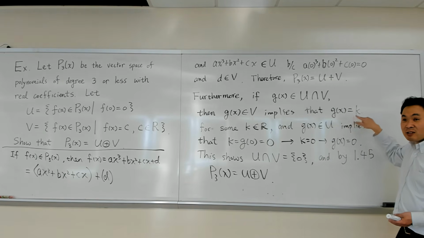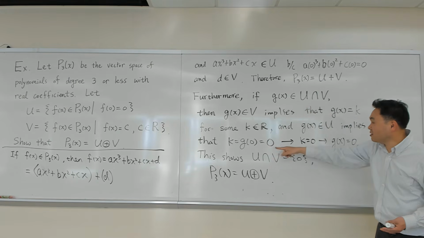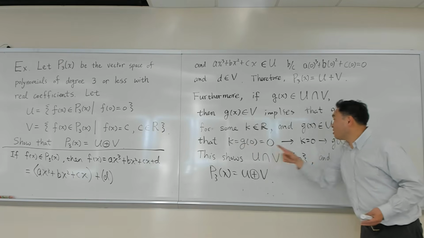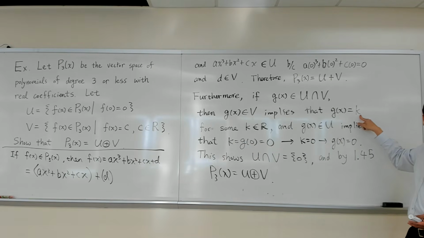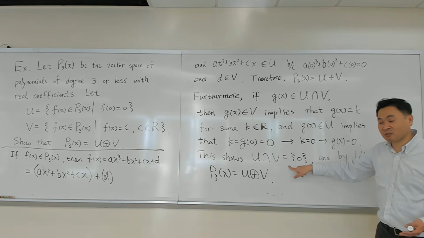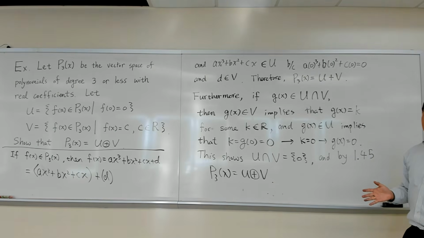Now, given this, let's see what it means to be in U, and then you realize, well, for this property to work, that constant that I chose must be 0. If that's 0, this has to be 0, and therefore it's a direct sum, and you're done. Okay? So you should be able to read a proof and think about what went before the proof. All right, so hopefully that was helpful.